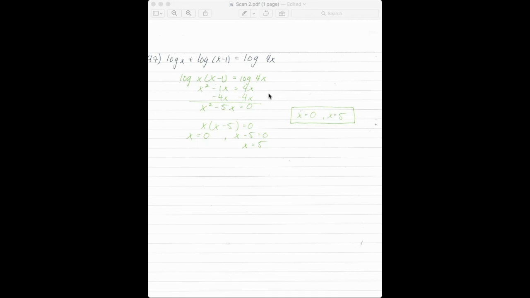Let me ask you another question. You have two answers, x equals 0 and x equals 5. Both of them are solutions. Can 0 be a solution? No, right? Why not?